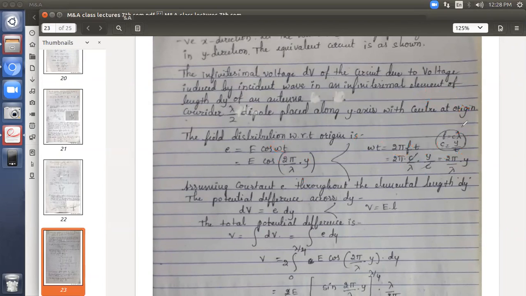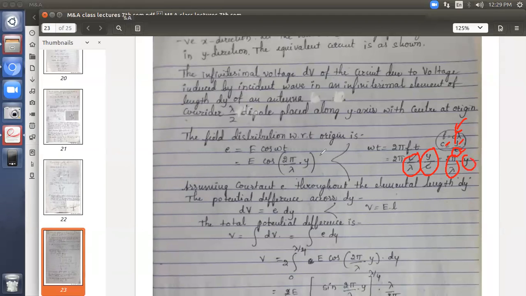Let me explain once again. f equal to c by lambda; there should be a slash in between. Then velocity equals distance traveled, that is the distance along the antenna, y by t. So t is equal to y by c. I have substituted that, and for the frequency c gets cancelled, and you will get 2 pi by lambda into y.